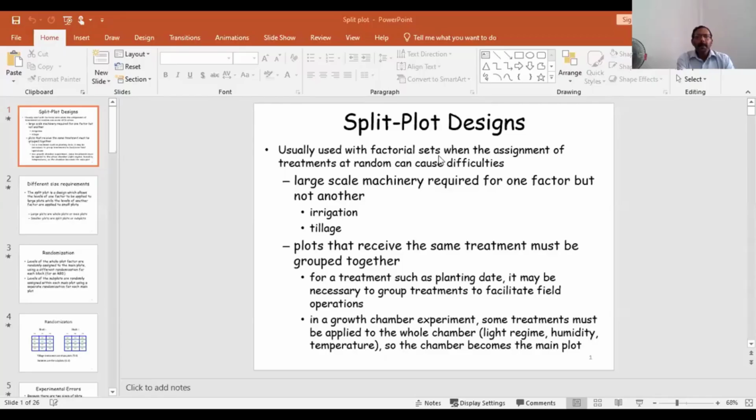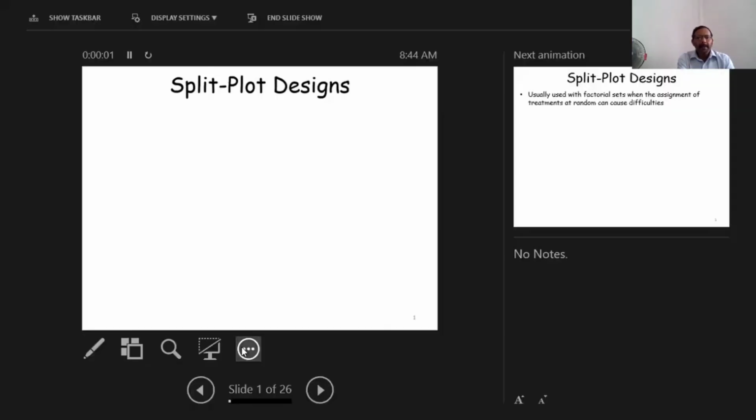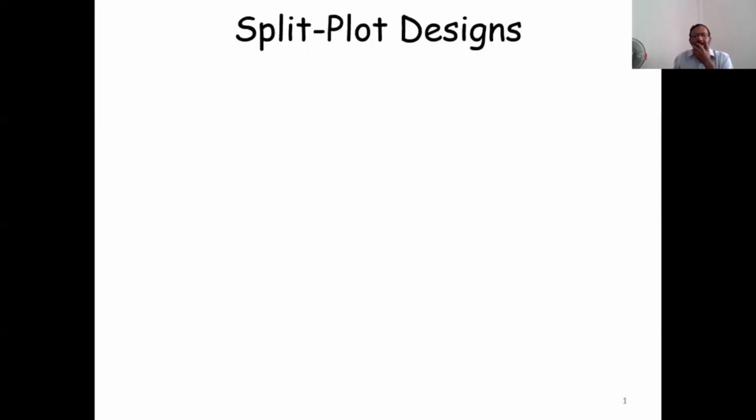I'm going to talk about split plot design, some theory part. I gave you the concept. We are having more than one plot size. We will see why we have more than one plot size.